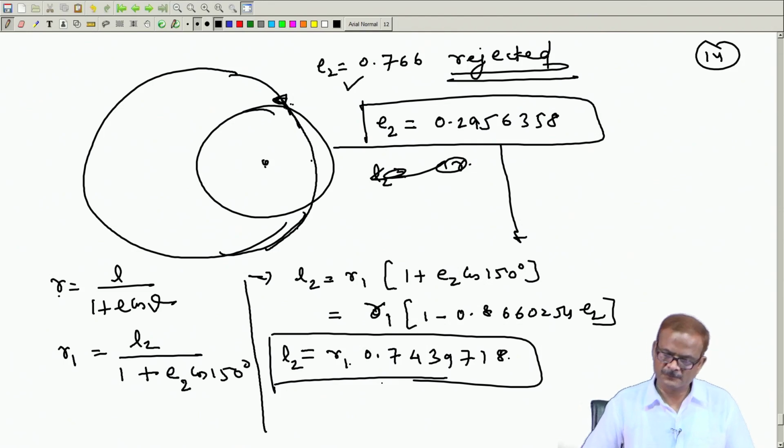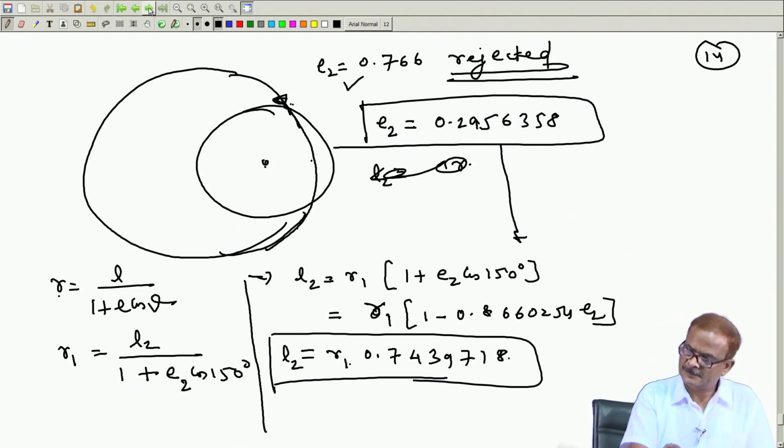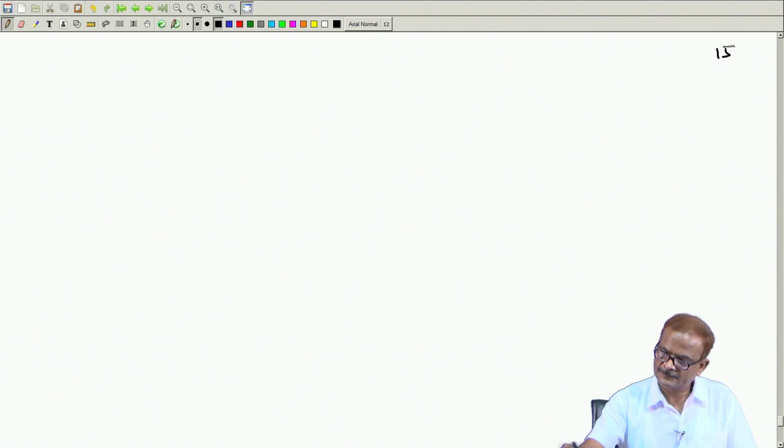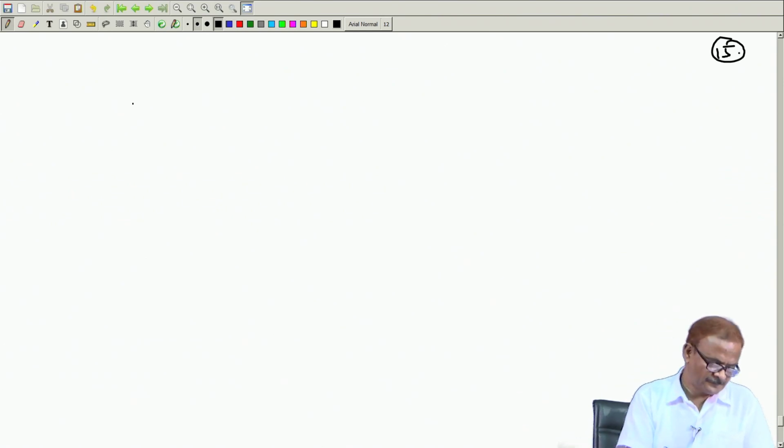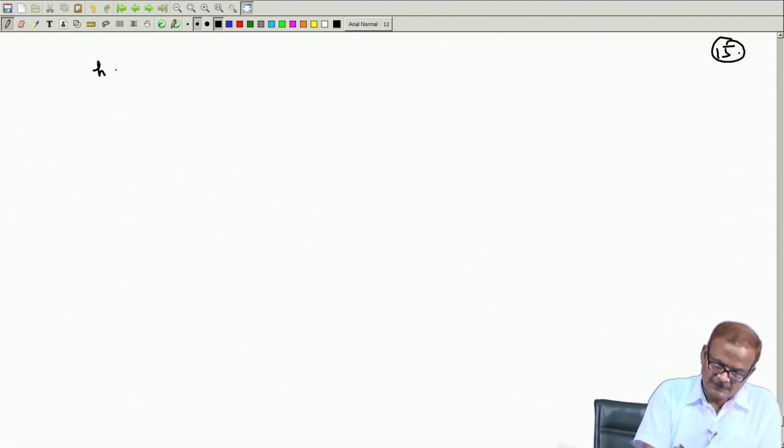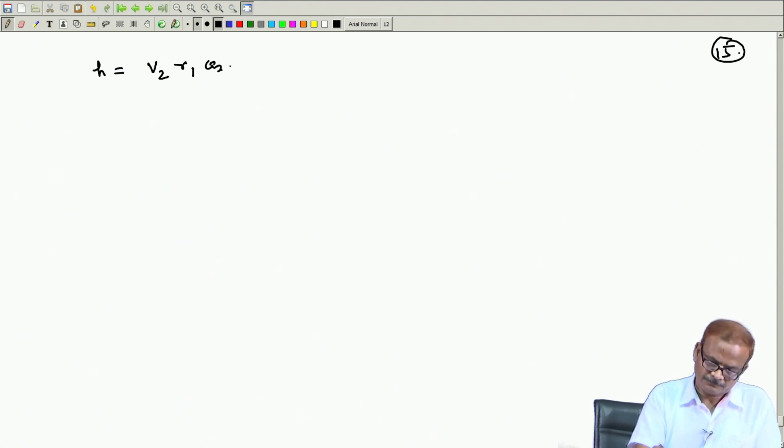Now, we are close to the end of our work, but it will still take some 10-15 minutes and we will wind this up. So, H equals V 2 r 1 cos phi 2, and H we write as H 2, because once you give the impulse the orbit will change, it will not remain the same orbit.